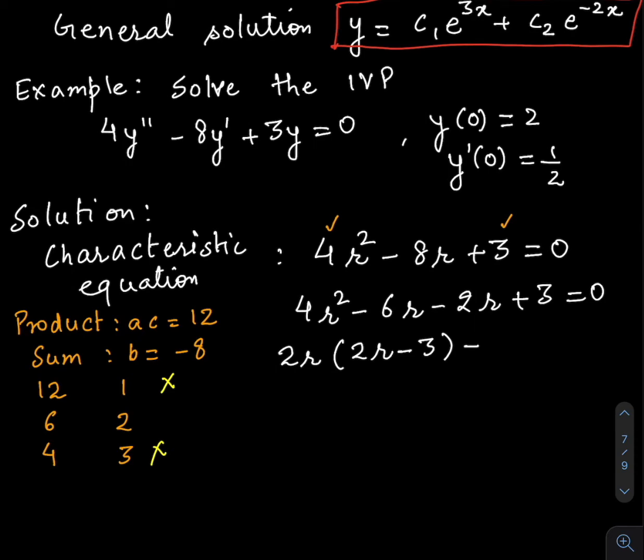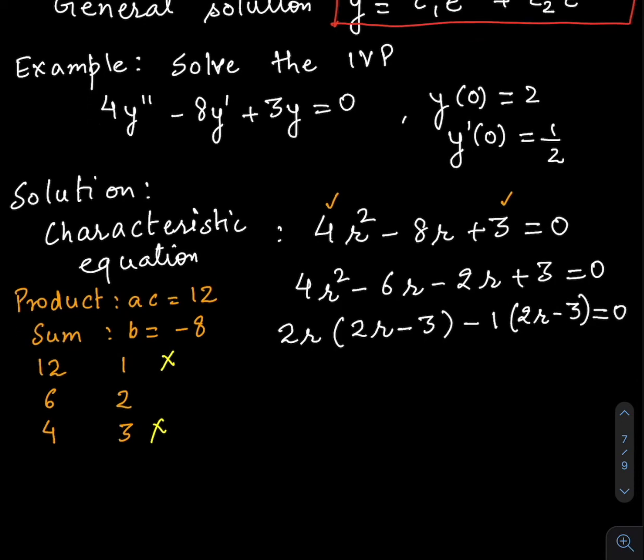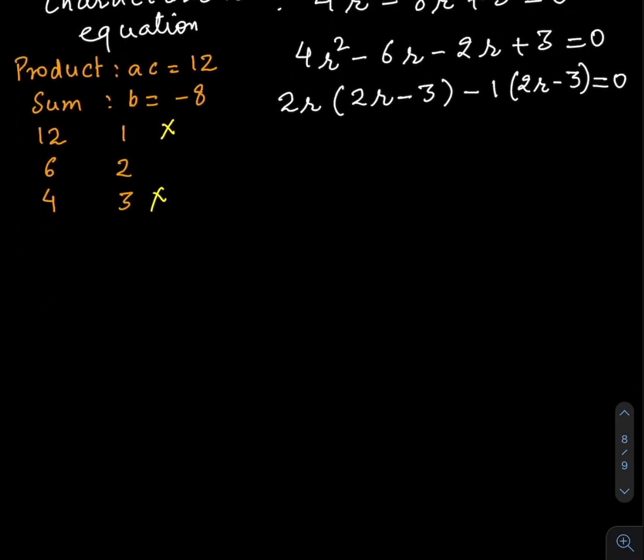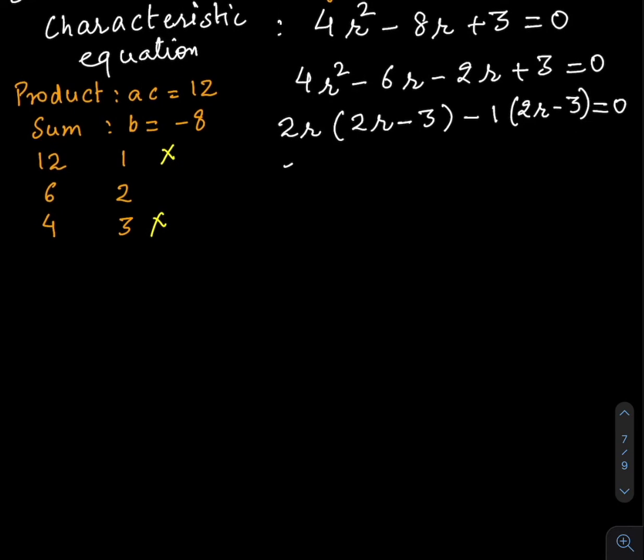From the second two terms we can pull out -1, because whatever is in the parenthesis we want to be the same. And then we can pull out 2r minus 3 times 2r minus 1 equal to 0. So all this we did for this step.